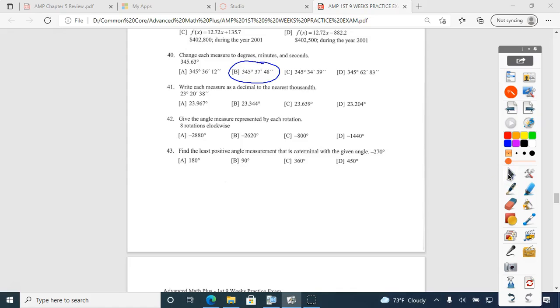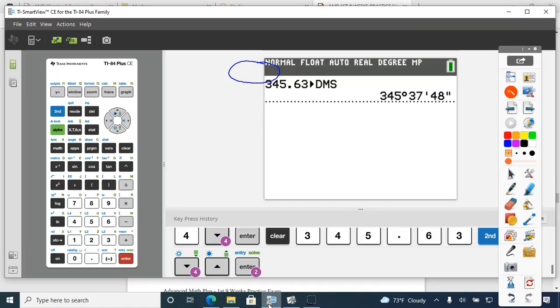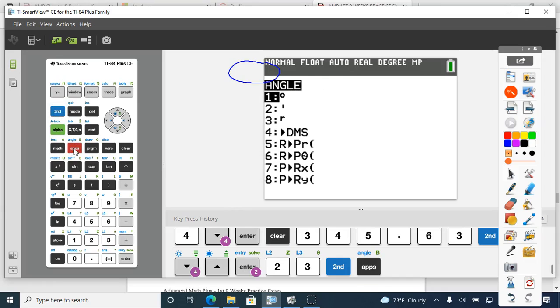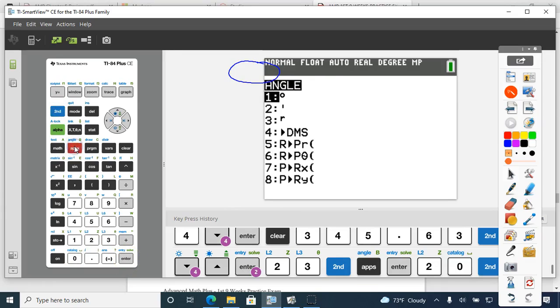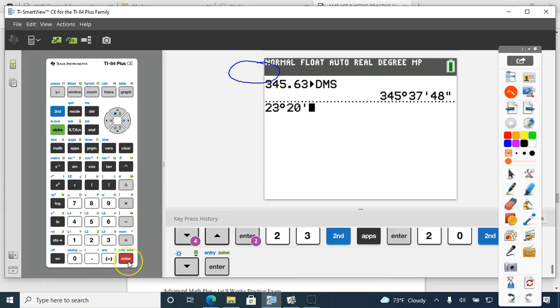So, 41, write the measure as a decimal to the nearest thousandth. Calculator will do that as well. We're going to type in that angle just like it was, 23 degrees, second angle, which is apps. The degree sign is the very first one. 20 minutes, again, second apps. The minute sign is one down.